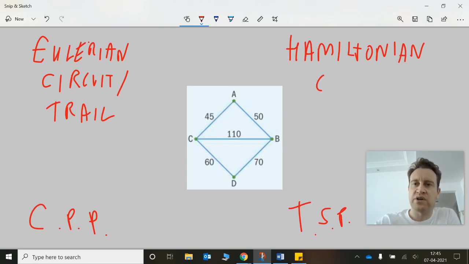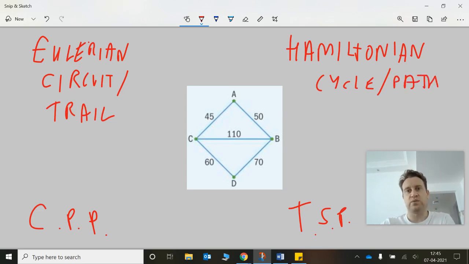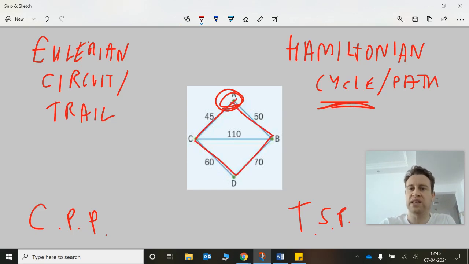This is talking about a Hamiltonian cycle or a Hamiltonian path. So what are we talking about? We're saying, let's start at A, and let's visit all of the vertices, and then return to A. That would be a Hamiltonian cycle. For example, A, C, D, B, A is a Hamiltonian cycle which exists here.